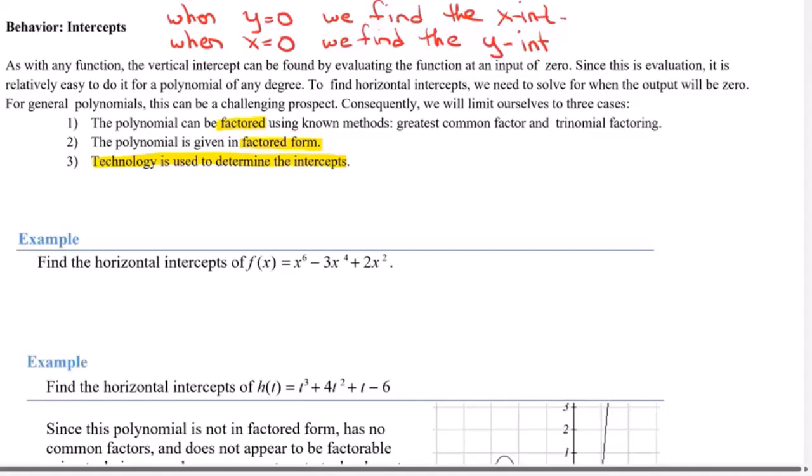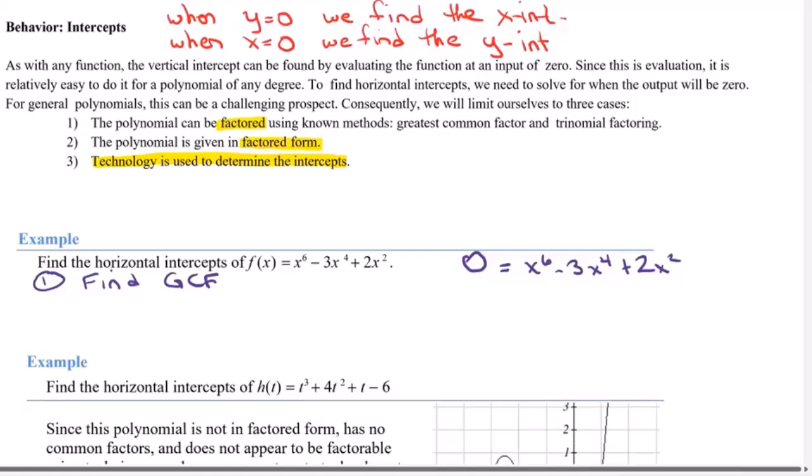So, case 1. Find the horizontal intercepts. Basically, we're saying y equals 0, and we want to find x. First step always is find the greatest common factor.